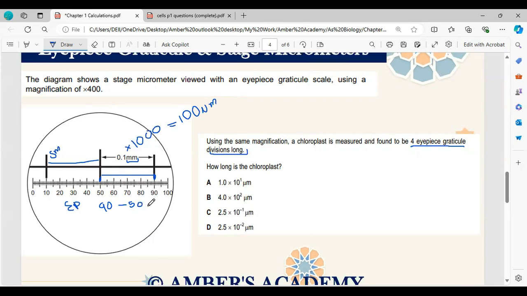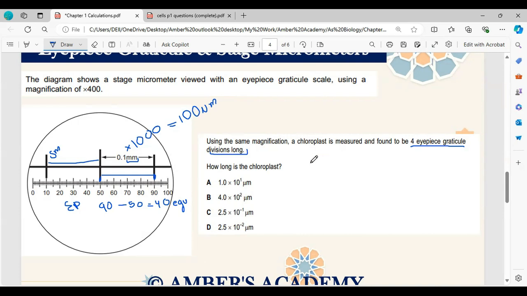Okay. So this is 40 eyepiece graticule units, while the stage micrometer that we have just calculated is 100 µm. This is going to be 40 eyepiece graticule units, EGU, because we do not have any solid unit for this.